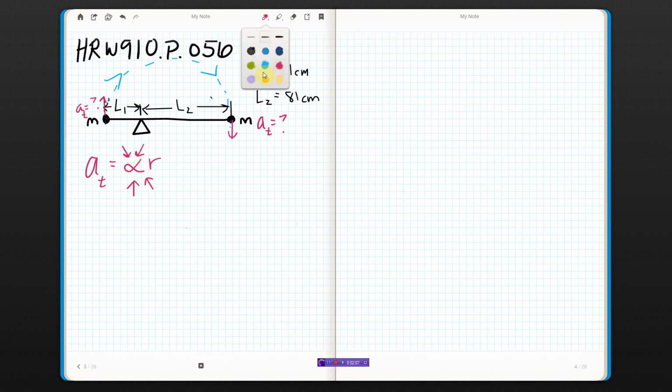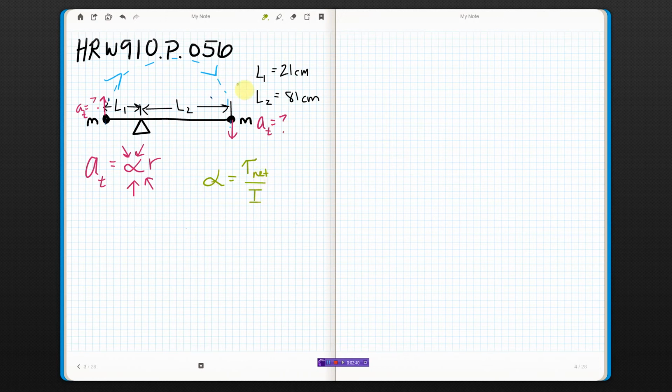The only ways we could get this are either with kinematics or with Newton's second law for rotational dynamics, which goes like this: alpha equals net torque divided by moment of inertia. I don't have enough information to do kinematics, so this is the only way I can get my angular acceleration alpha. So let's get those two pieces.